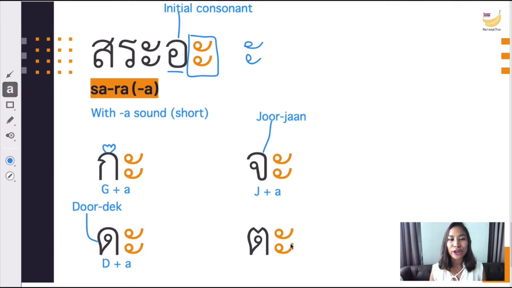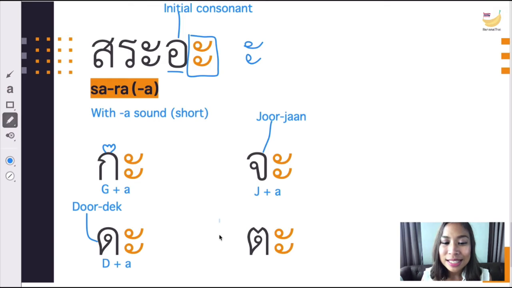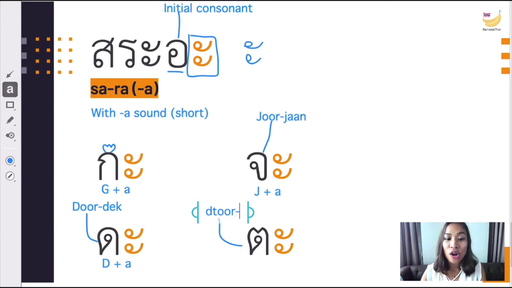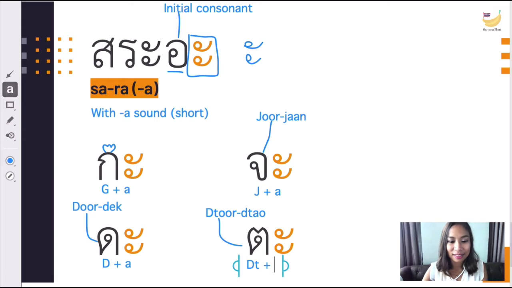And the last one, I'm not gonna hint you. What is this one? What is this consonant? This one is a turtle. ต่อเต่า, so a ตะ sound, right? Plus สระอะ.